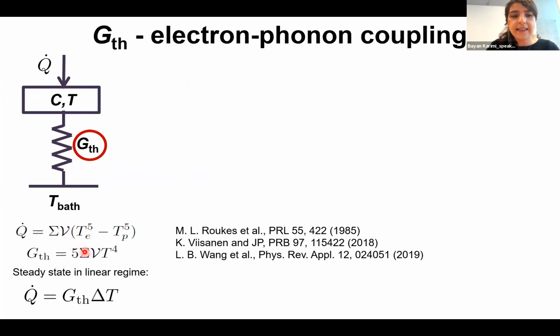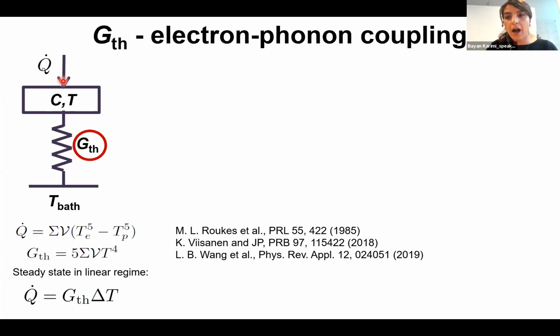This is something that we can independently measure in our setup. By measuring the temperature, essentially we know the thermal conductance to the phonon bath, and here we have a simple Ohm's law that we can write for the heat current.